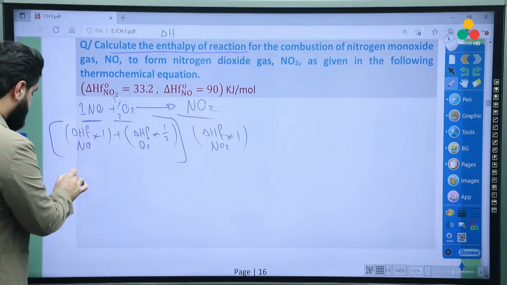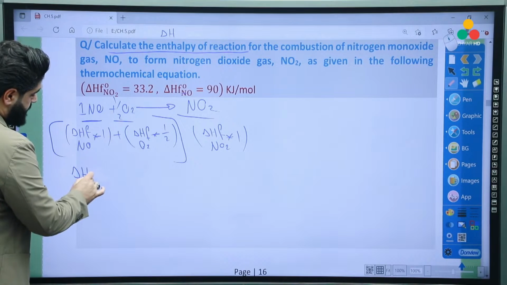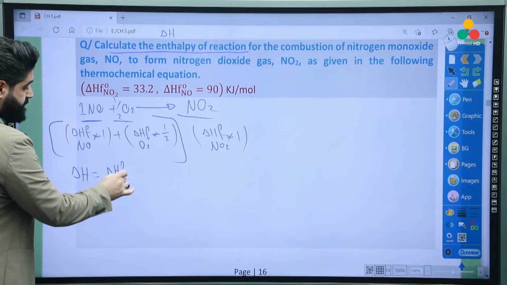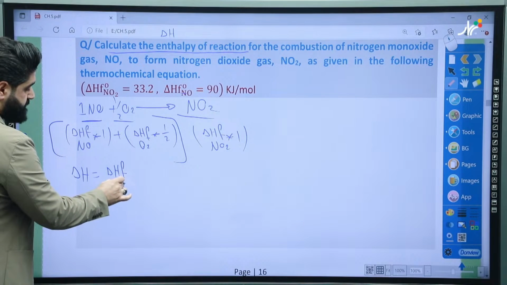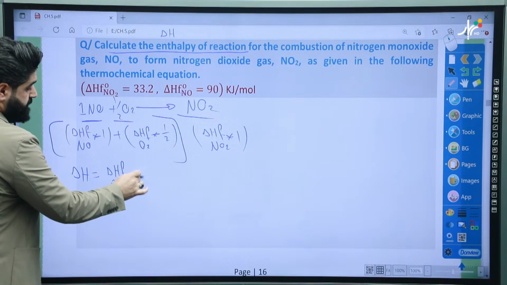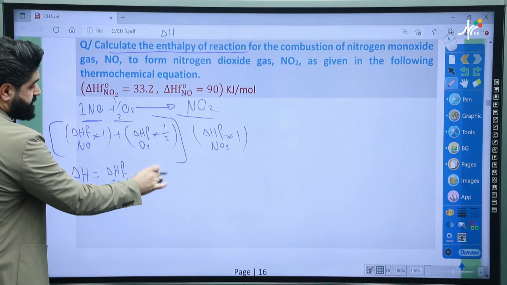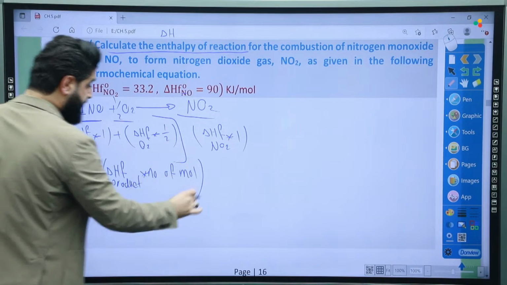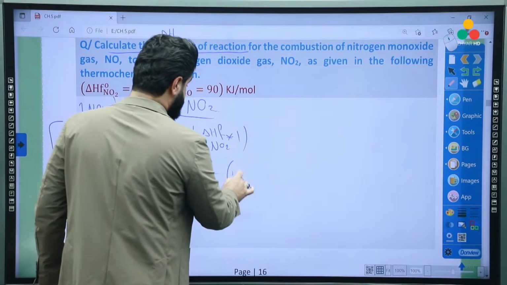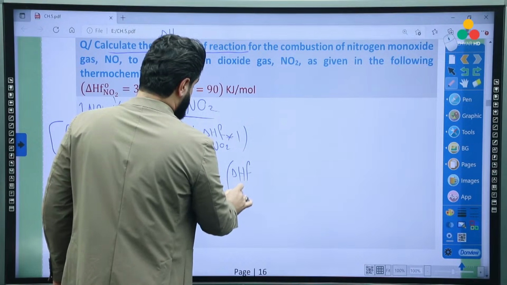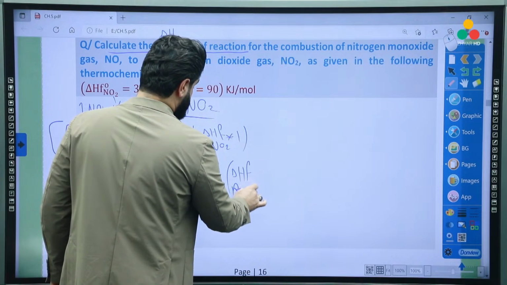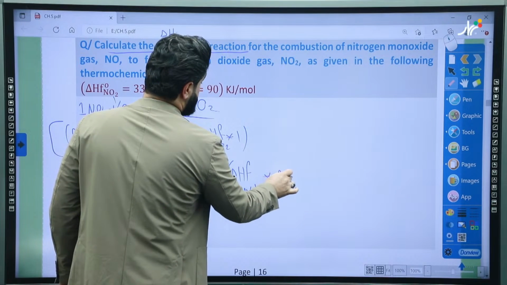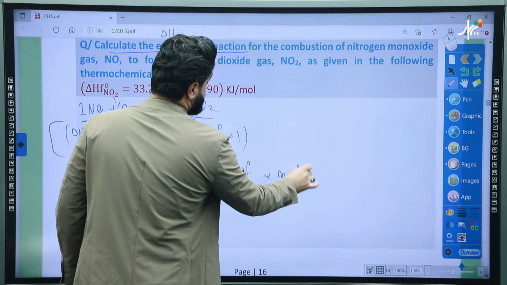So write the equation formula. Delta H equals delta HF for the product times number of mole, minus delta HF of reactant times number of mole.